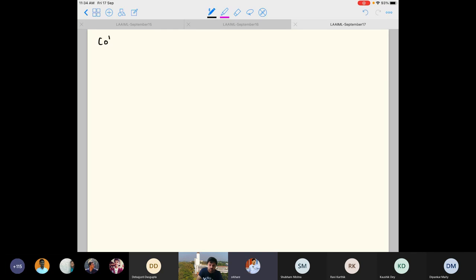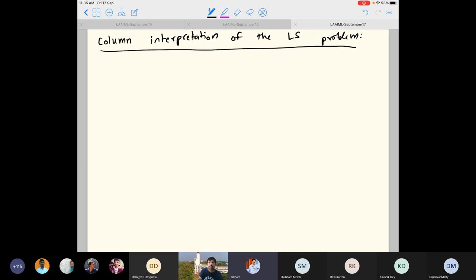Just to quickly recall, we have the row interpretation and the column interpretation of the least squares problem. So what did the column interpretation say?